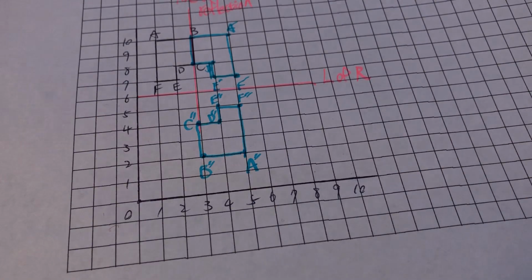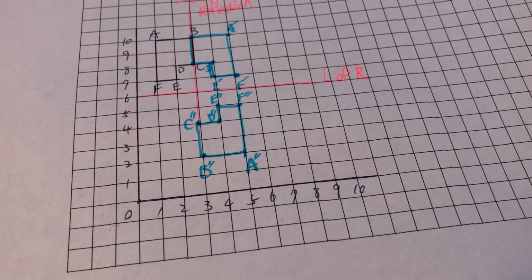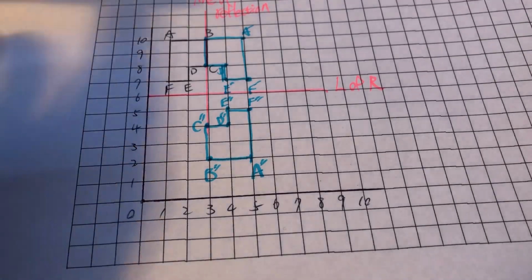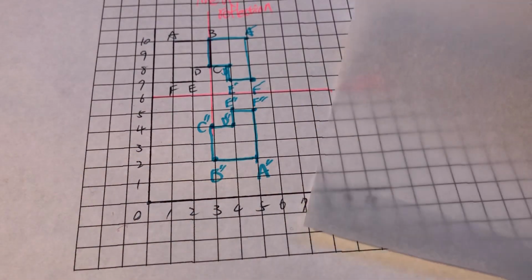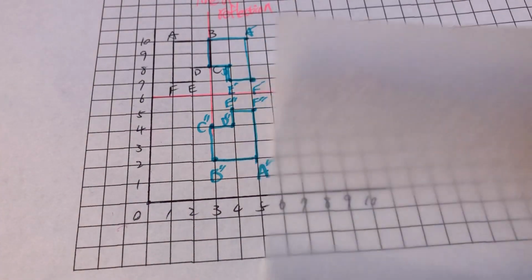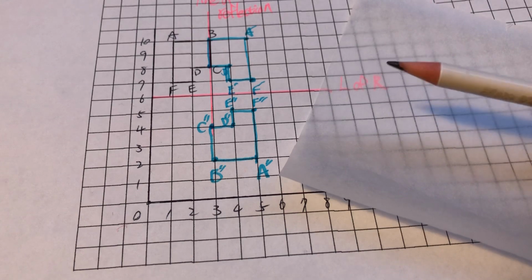Okay. So this one is consecutive reflection. So we recommend that when you're at home, you should get this parchment paper out. You should cut it into small pieces and use pencil.